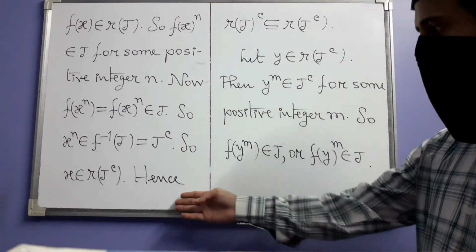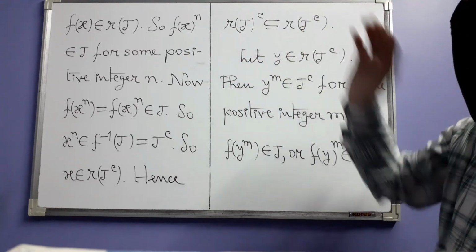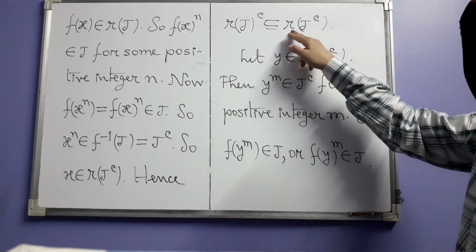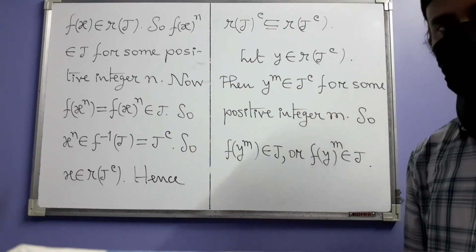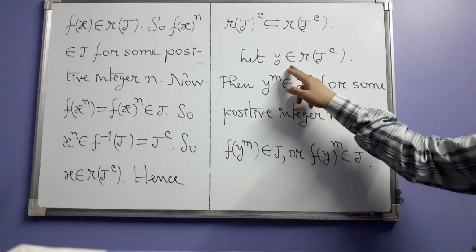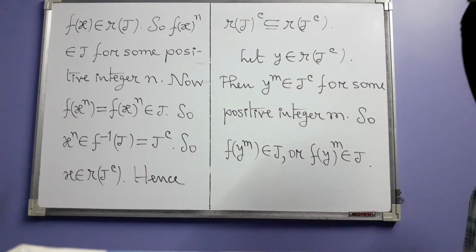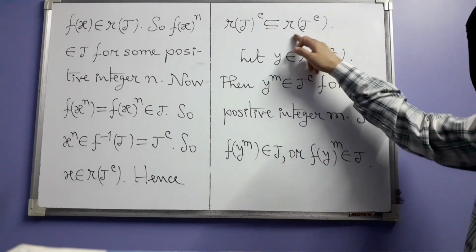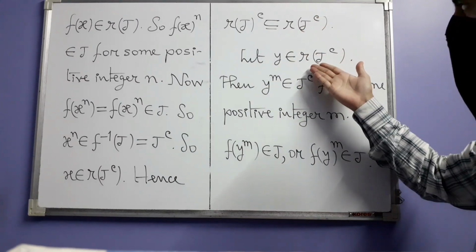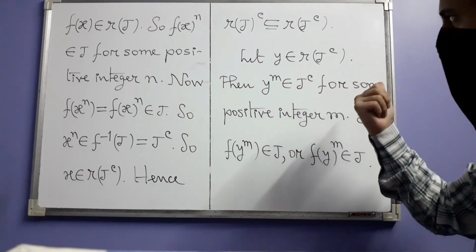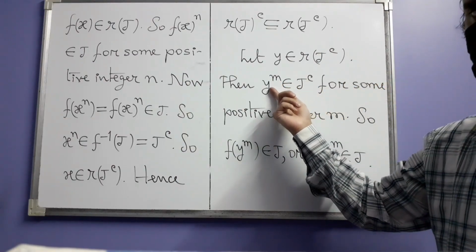So we write the conclusion here, hence R of J contraction is contained in R of J contraction, and then we prove the reverse inclusion. For that we take any element, let's call it y this time. Let y be any element here, R of J contraction. Then by the definition of radical, some power of y will belong to J contraction. Let the exponent be m.